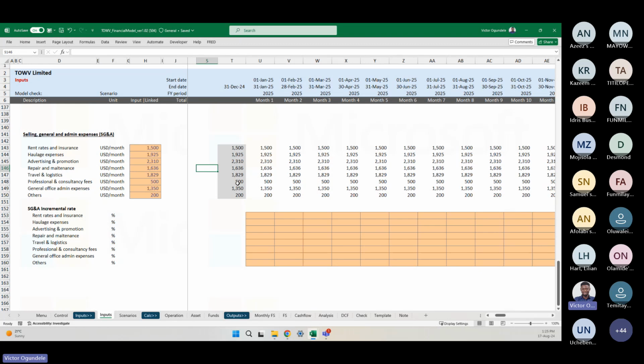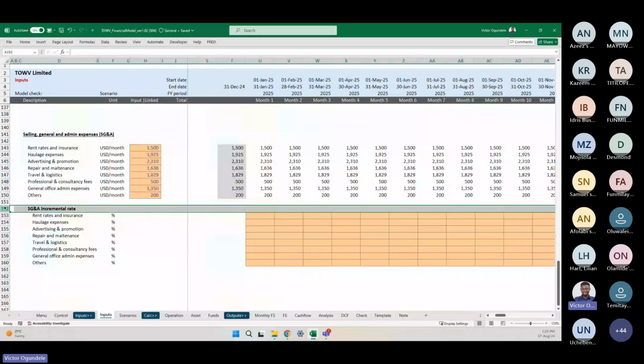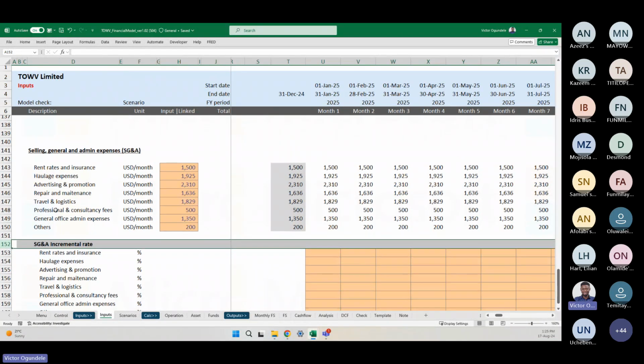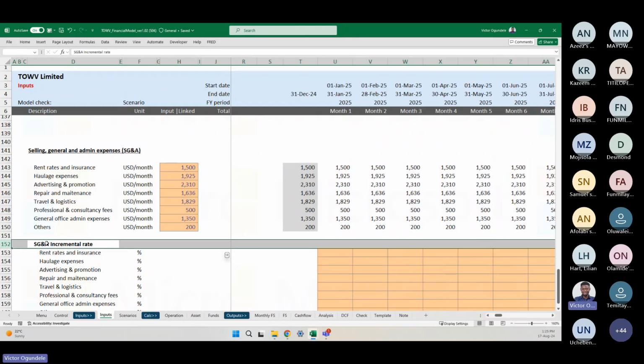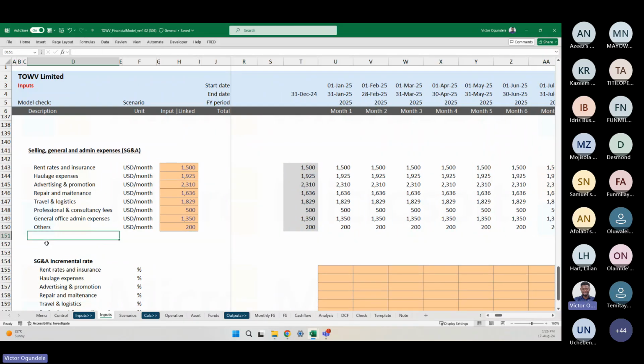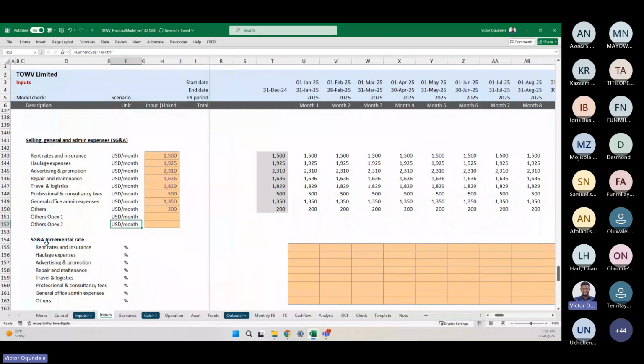So in fact, most times what I usually do, I always make sure I leave a spare line for the management in case they want to add to the line items. For example, under our selling, general, I will just add maybe I'll call it Other OPEX 1, Other OPEX 2. And anything they want to put, even though currently it will be blank, that gives them room to add any additional line item they want.